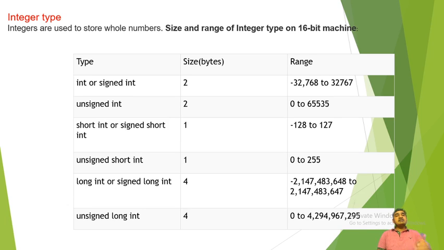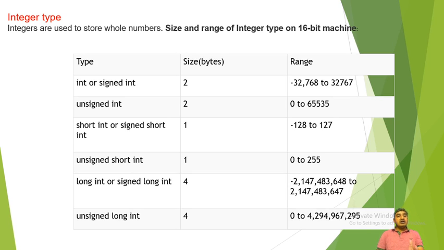If we consider the unsigned integer, its size is also 2 bytes, that is 16 bits, and the range is 0 to 65535. It is unsigned integer, so the negative sign is not considered.